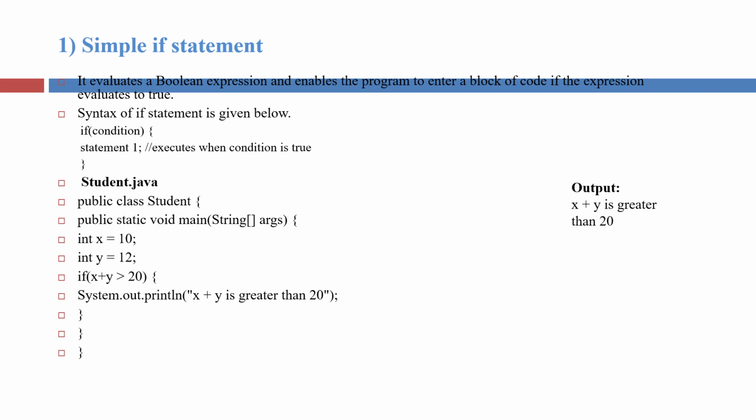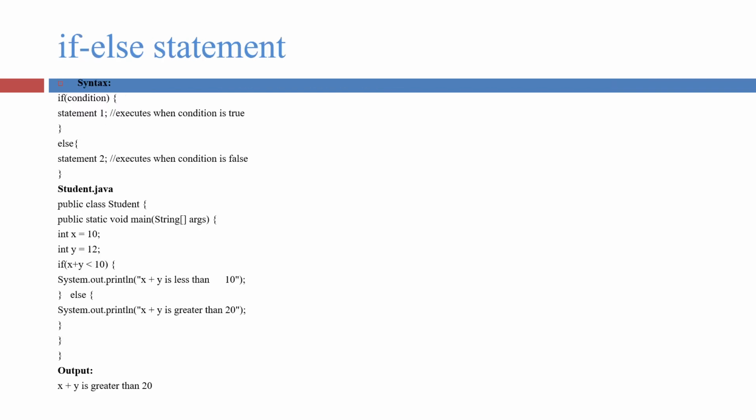Then public static void main is the main method, and the main method will never be changed. Here two variables are declared, x equal to 10 and y equal to 12. Both are integer variables, which is why the int data type is given. When you add both, if the sum is above 20, then the text x plus y is greater than 20 will be printed.